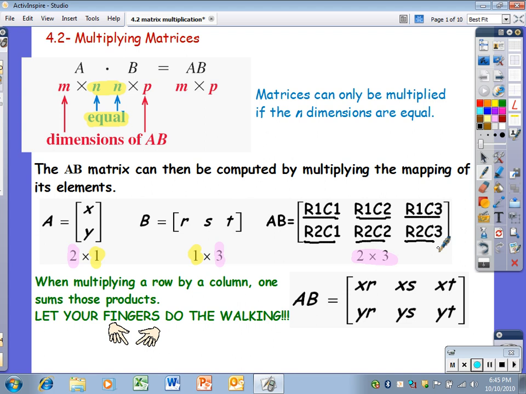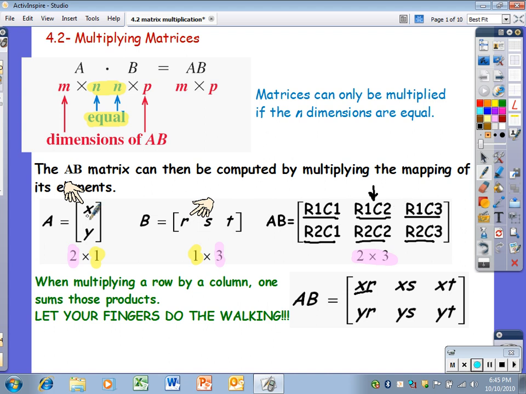And a key to multiplying is to let our fingers do the walking. So I'm going to take these fingers and I'm going to point to row 1, column 1. So if I multiply row 1 by column 1, I get XR in my first position. The next position says row 1, column 2.